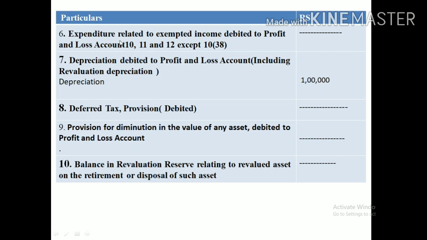Related to that, we don't have any expenditure on the debit side. If we had expenditure on the debit side, then we should add it. But we have the income, and we don't have any information about expenditure incurred for earning that income, so it shows nil.